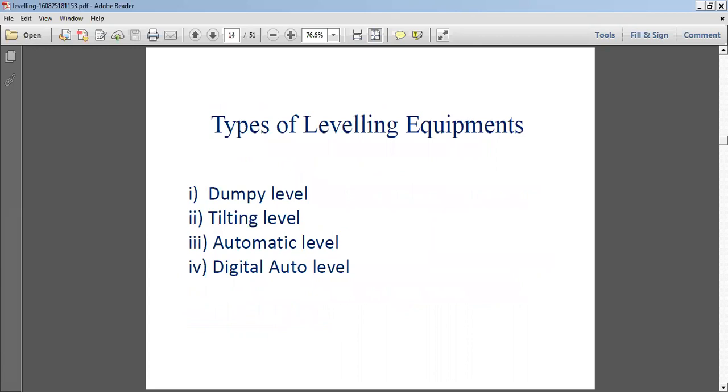Now next is types of leveling equipment. There are a number of equipments used in leveling work. First is dumpy level, second is tilting level, third is automatic level, fourth is digital auto level.